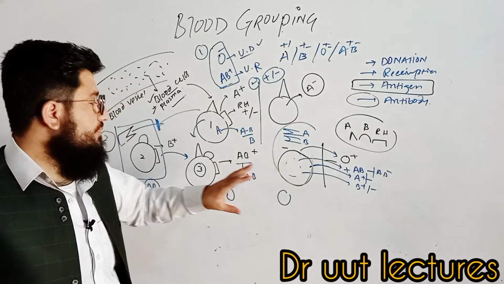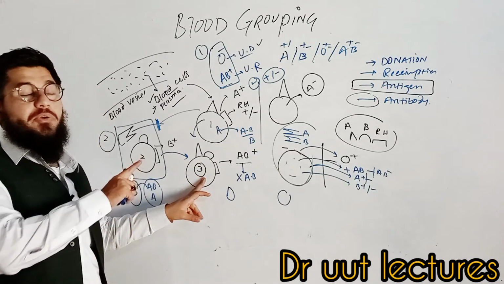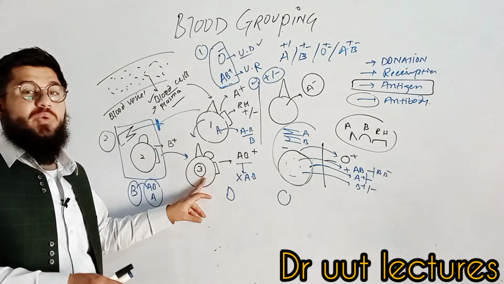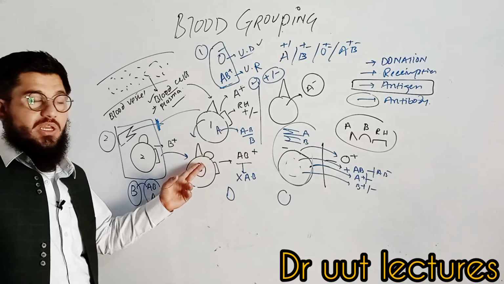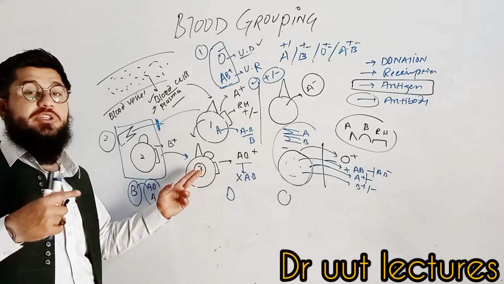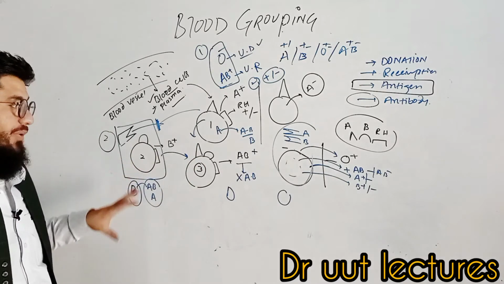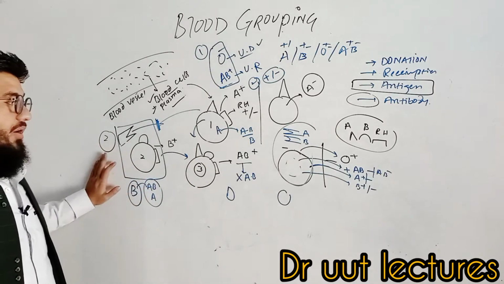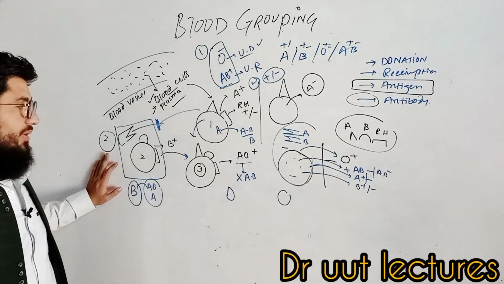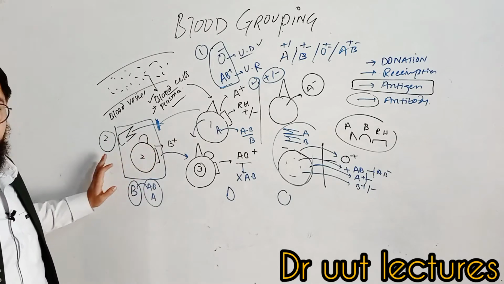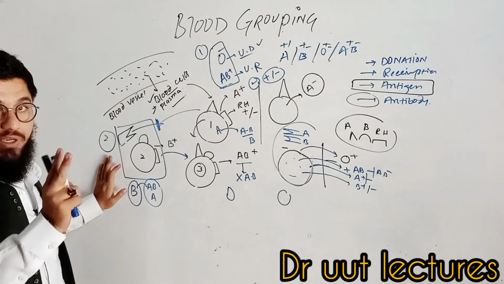So in short, AB has no antibodies. Why? Because it has both the antigens. I told you antibodies should be against the antigen. So now we have two types of antibodies regarding blood cells. Other than this, we have a number of other antibodies available. But regarding the blood, we have two antigens, so two antibodies.